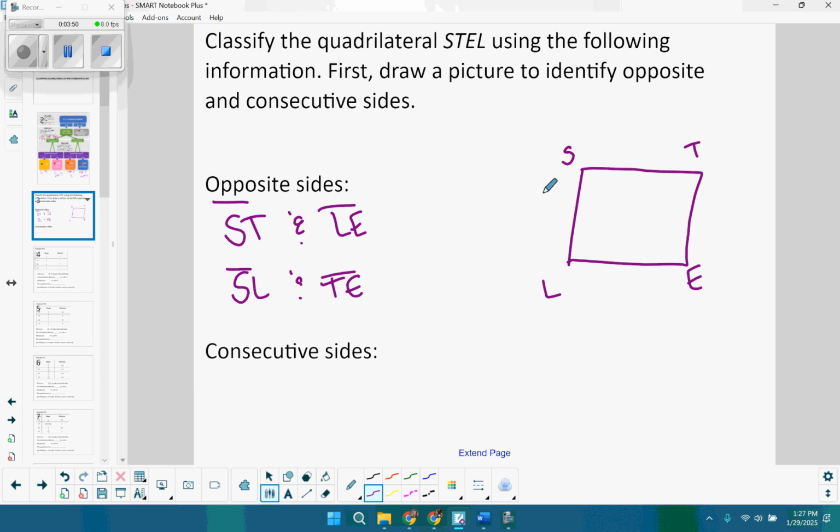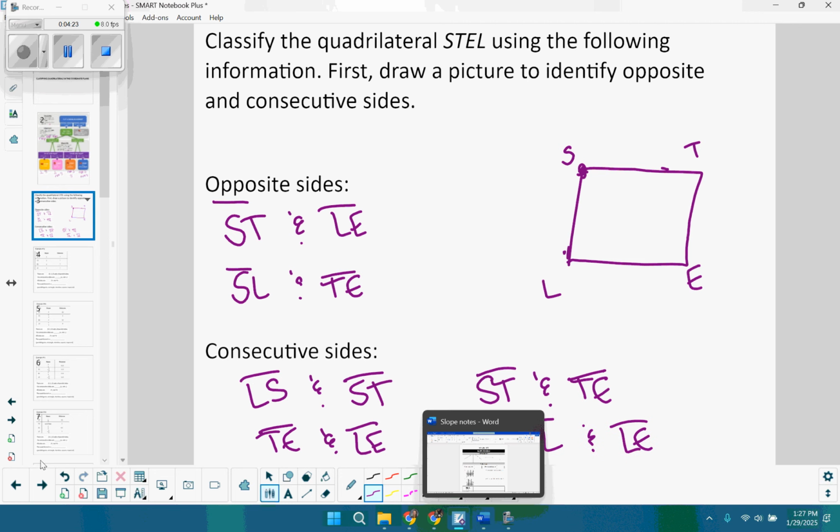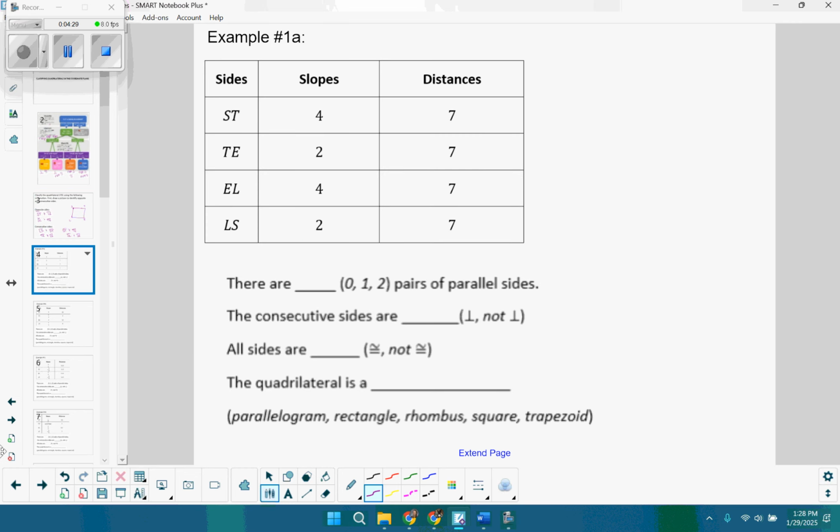The consecutive sides are sides that meet somewhere. So LS and ST meet at S. ST and TE meet at T. TE and LE meet at E. And then SL and LE meet at L. So looking at our first example, ST and EL were opposite.